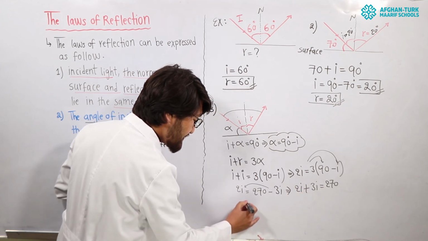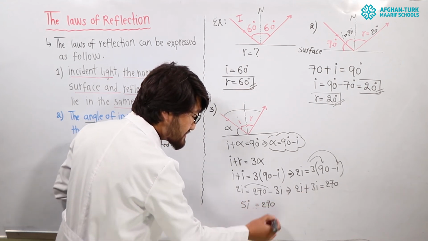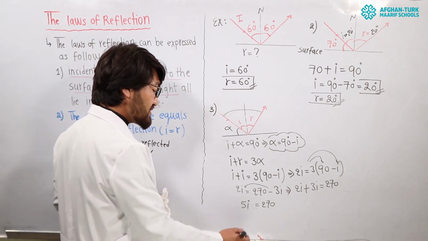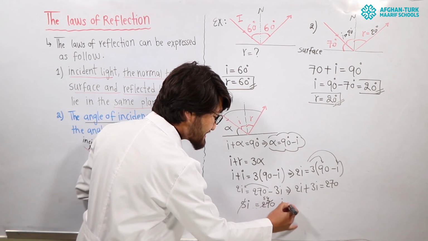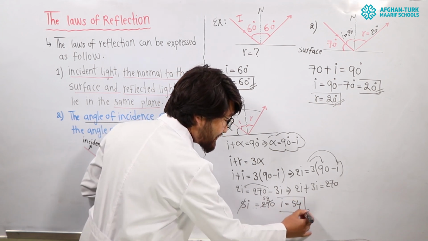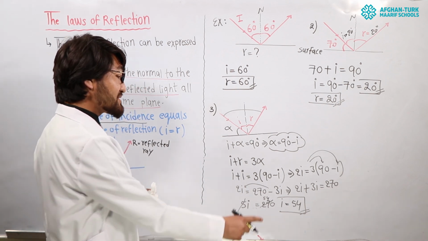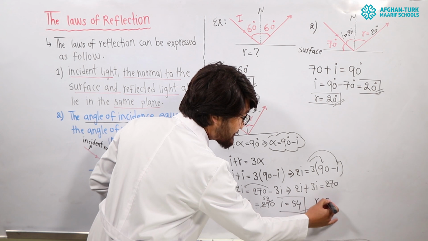Here we have 5I is equal to 270. We divide it by 5. I is equal to 54. I is equal to 54. R is also 54.